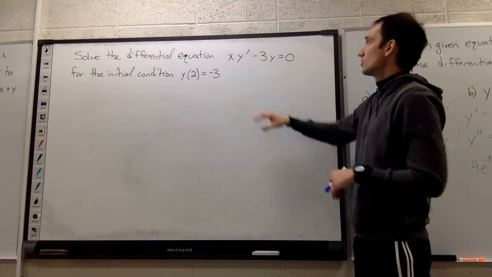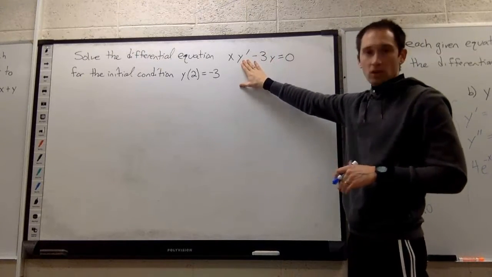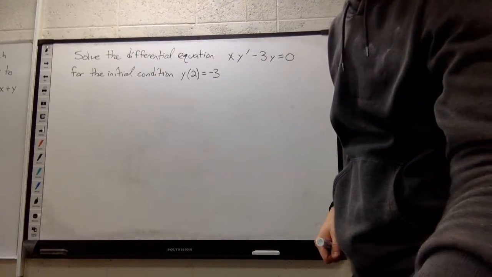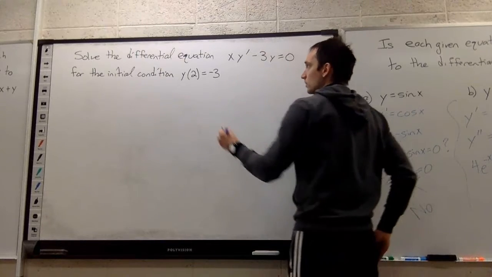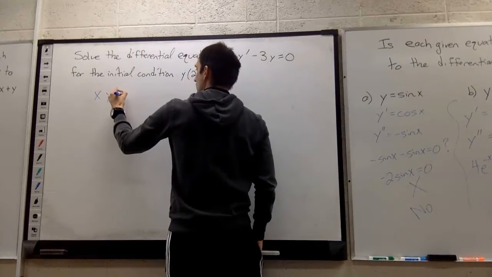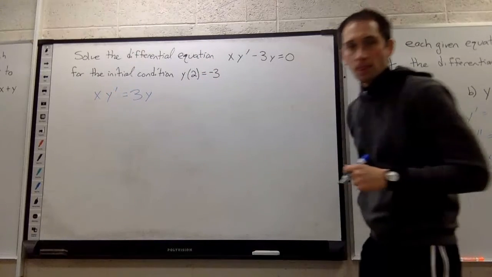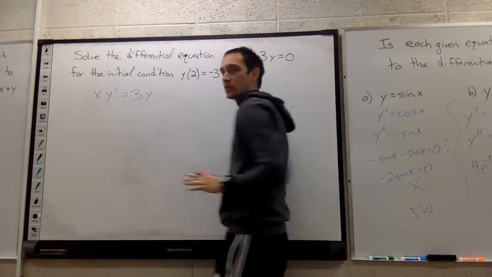So general solution. First of all, how do we solve it? What we want to do is separate the variables. The way we're going to do that is isolate y prime, so we'll have xy prime equals 3y. Then you need to get all your y stuff together.